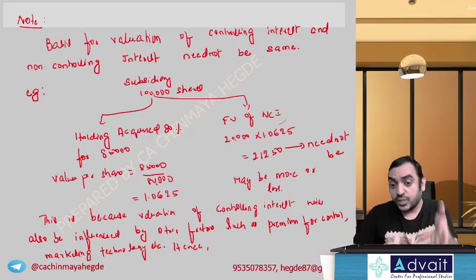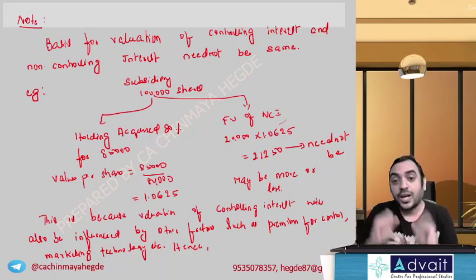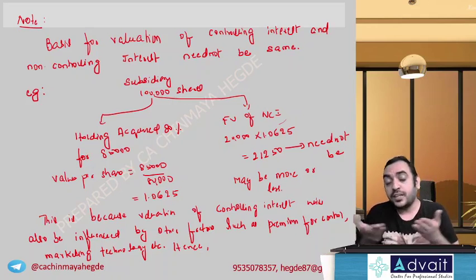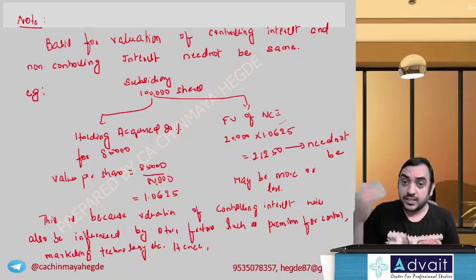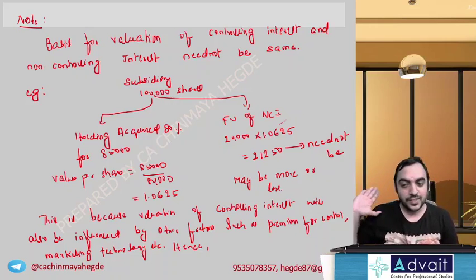Hope you understood. Here you can't say, oh, 80% is this, 100% is how much? You can't compute like that, because the value per share of NCI and the value per share of the holding company may be different. If other things remain constant, we'll assume they are equal. But in the exam problem, only when they give you fair value, you compute. Otherwise, you don't compute. Clear?